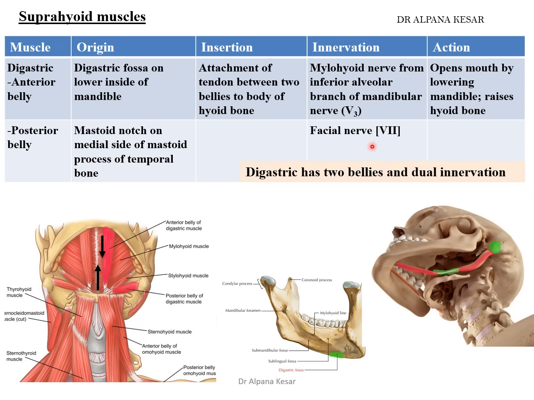The posterior belly is supplied by facial nerve. Hence, the anterior and the posterior bellies of digastric are supplied by trigeminal and facial nerve respectively.